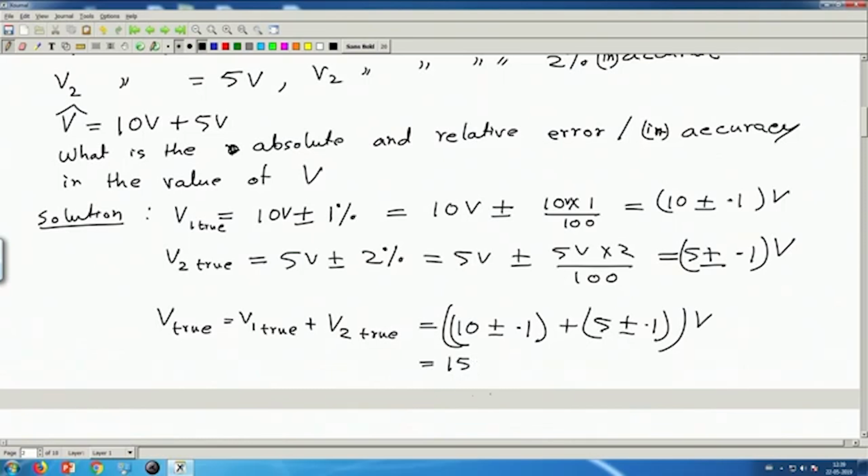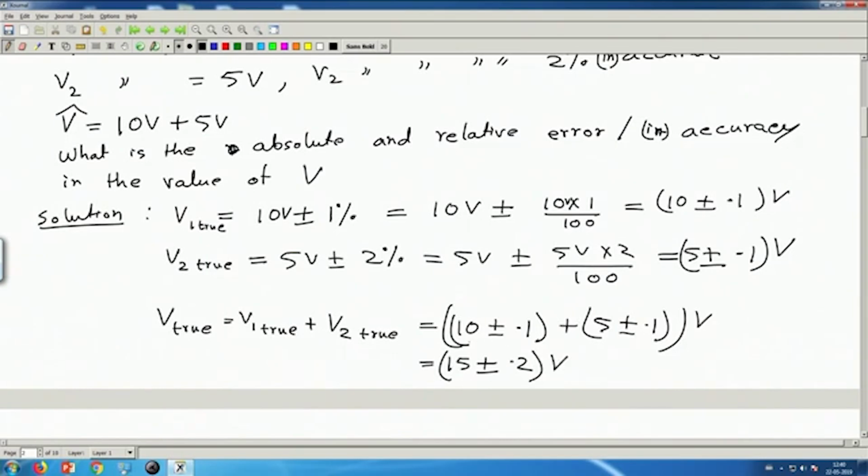And what is the worst case extreme possibility? The extreme possibility is that this will be 10 plus and this will also be 5 plus. So that will be 15 plus 0.1, 0.1, 0.2. And the other extreme possibility is 10 minus and 5 minus. So we can have both of them minus together. So this is another extreme possibility, 15 minus 0.2.